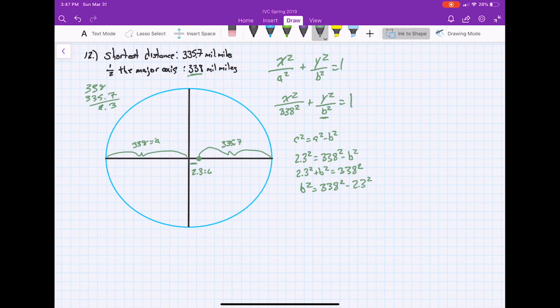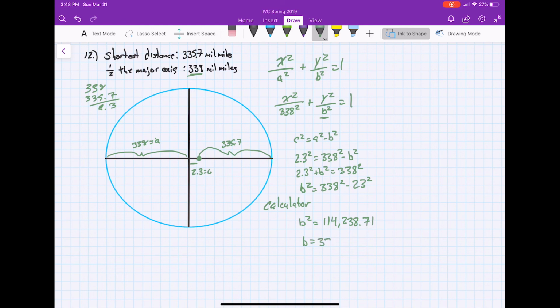And you guessed it, I'm going to use a calculator. And calculator says b squared is equal to 114,238.71. And that's in millions of miles.